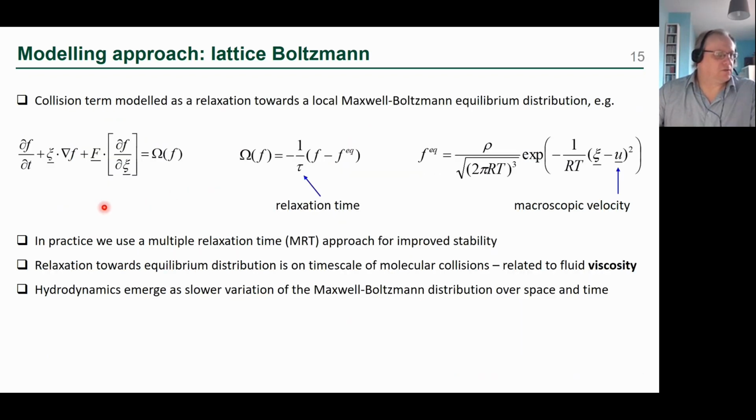The way the hydrodynamics emerges from this is we model the dynamics of these distribution functions, and specifically we look at how they relax towards an equilibrium value. The equilibrium is given by a Maxwell-Boltzmann distribution, which includes the macroscopic velocity and the macroscopic density in the expression.